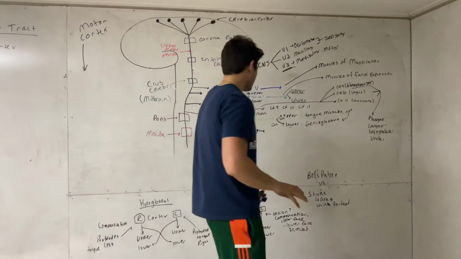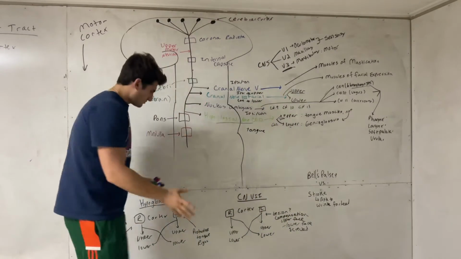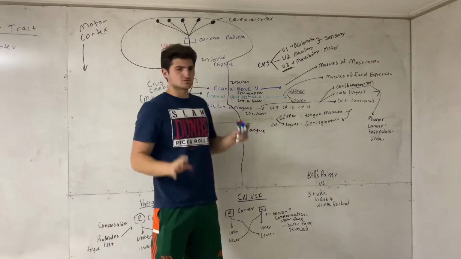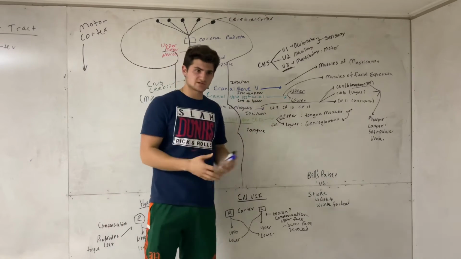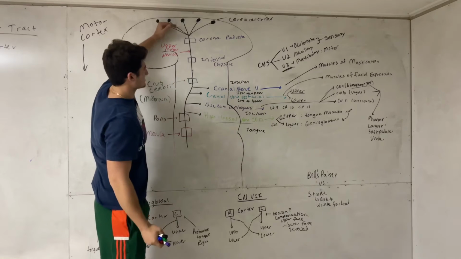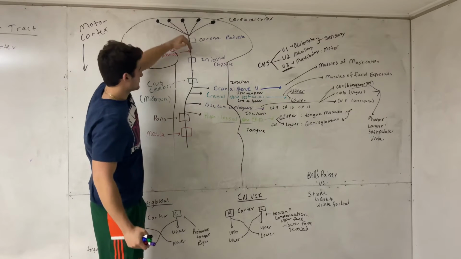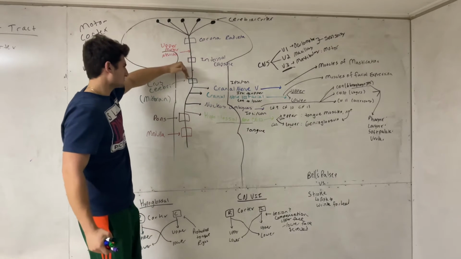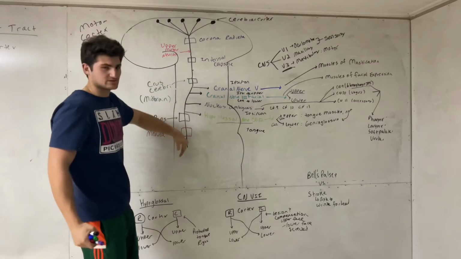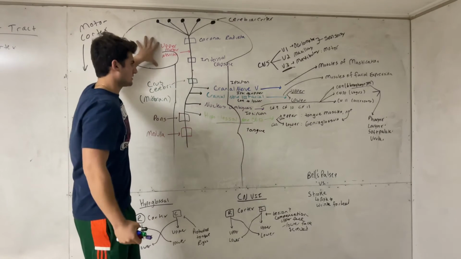Good. Now, before I get into more and more of this detail, I just want you guys to get a quick run through of this one more time. Cerebral cortex goes through the corona radiata, through the internal capsule, through the crus cerebri, through the pons, through the medulla, as the upper motor neuron.